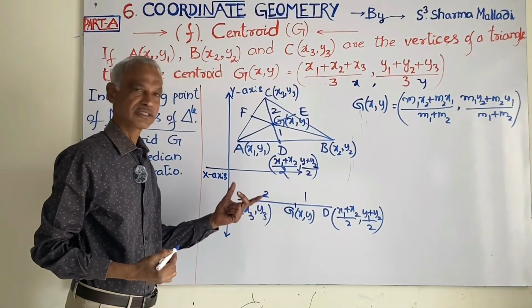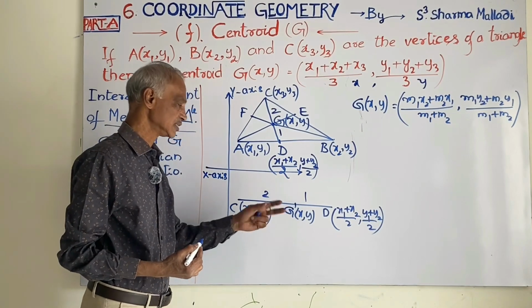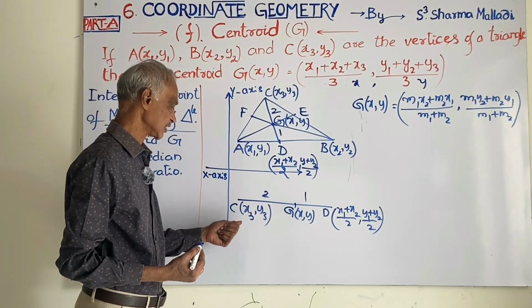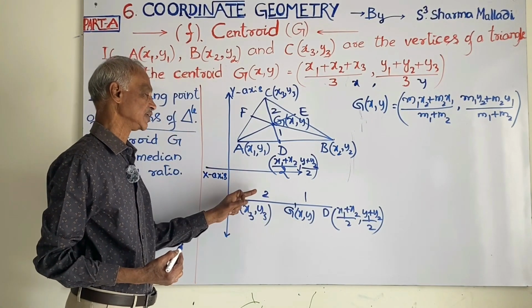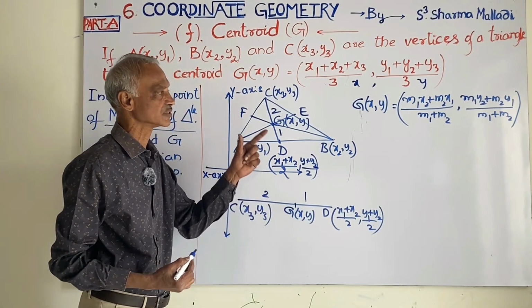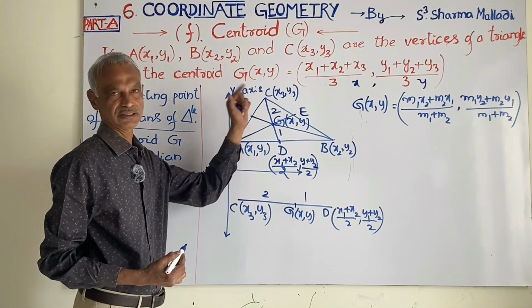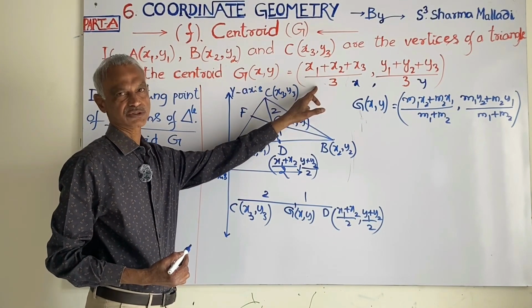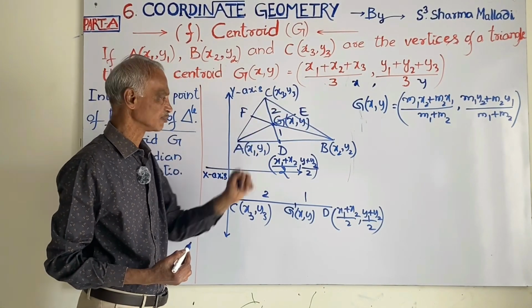Now by using the section formula you have to find the centroid. This is P (x, y), this is x1 y1 and this is x2 y2, and it is divided in the ratio m1 to m2. You have to use the section formula and derive G (x, y) is equal to (x1 plus x2 plus x3) by 3 and (y1 plus y2 plus y3) by 3.